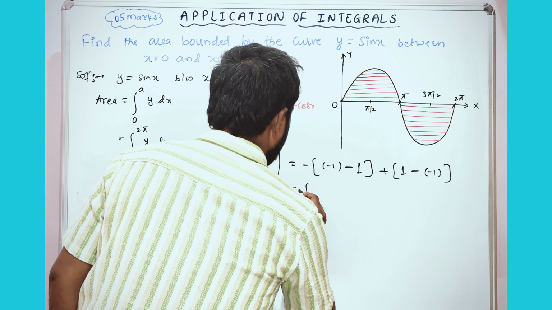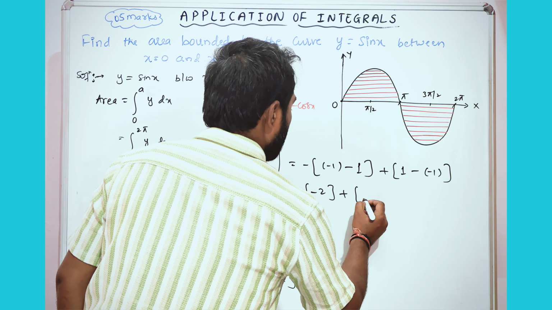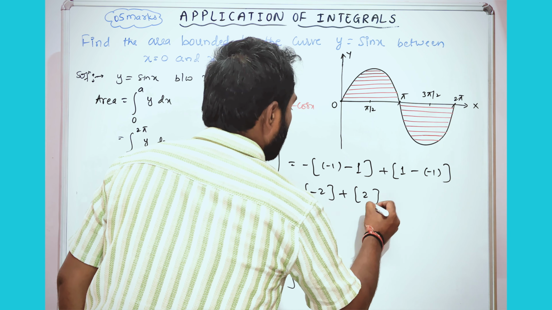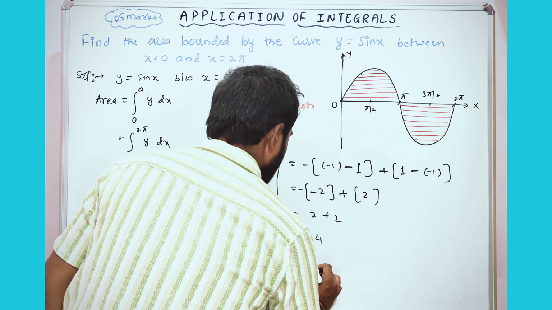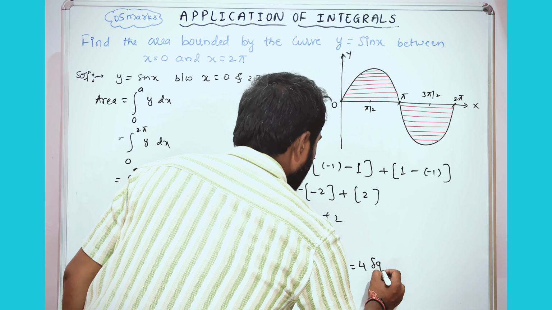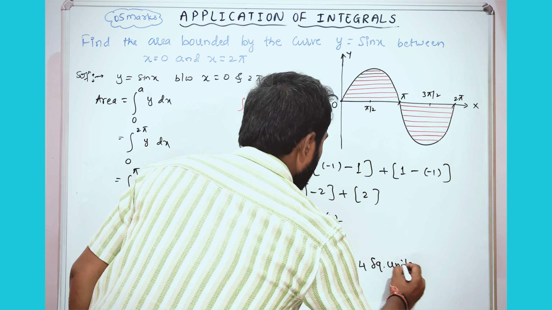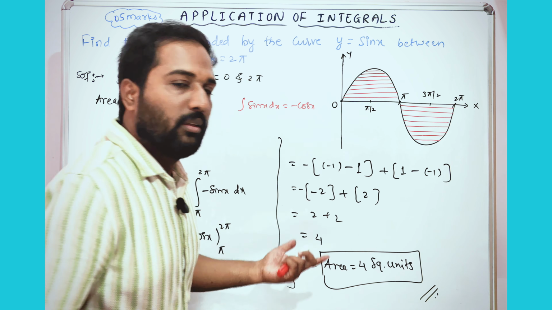Just simplify this: minus as it is, minus 1 minus 2, plus 1 minus of minus 1 plus 1 plus 2. So this is 2 plus 2, this is 4. Therefore, area is equal to 4 square units. Very simple.